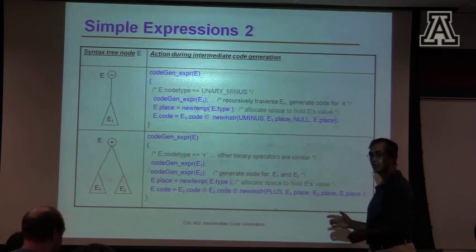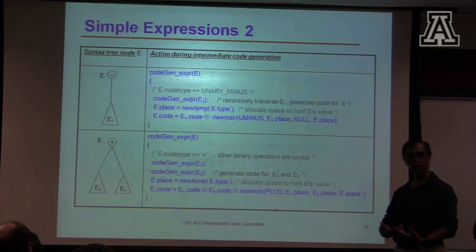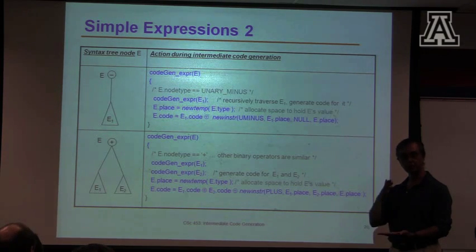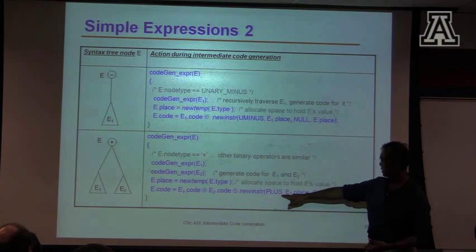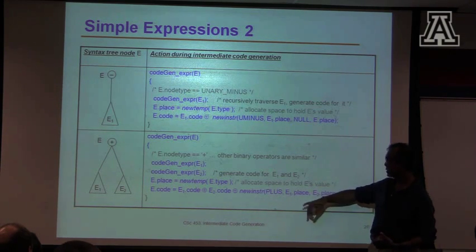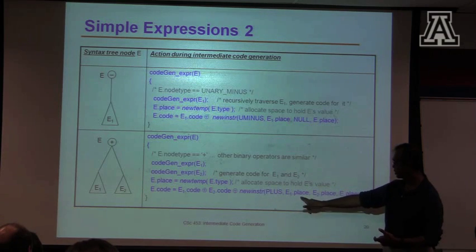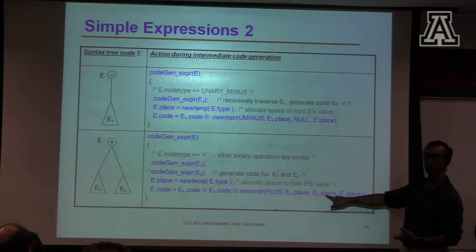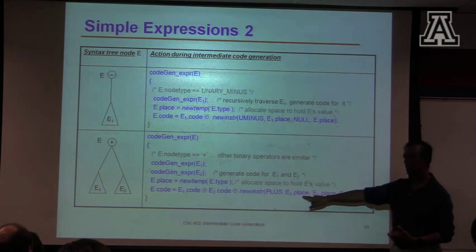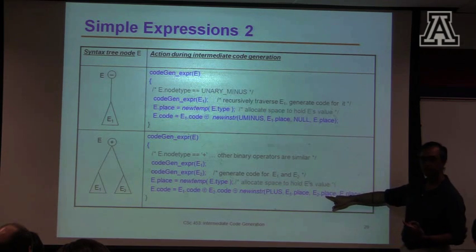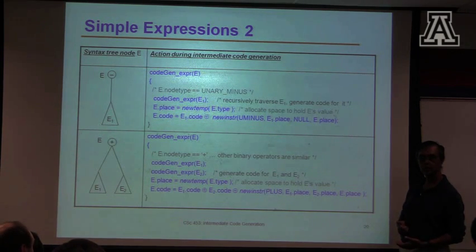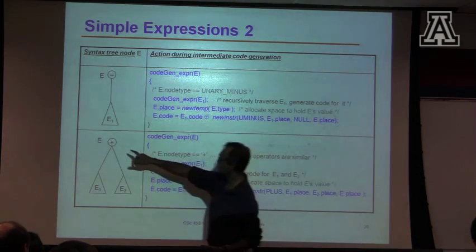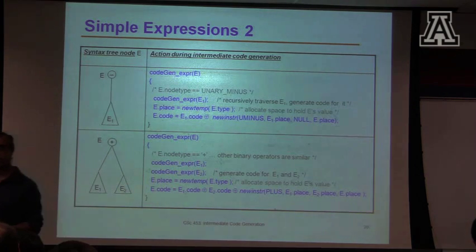Because this is a compiler, we're simply generating code. That code, when executed, will actually perform the addition. So this instruction says apply the plus operation to this location and this location at runtime, to the value of E1 and the value of E2, and whatever the result is, put it in E.place. E.place is where this value lives. Okay?